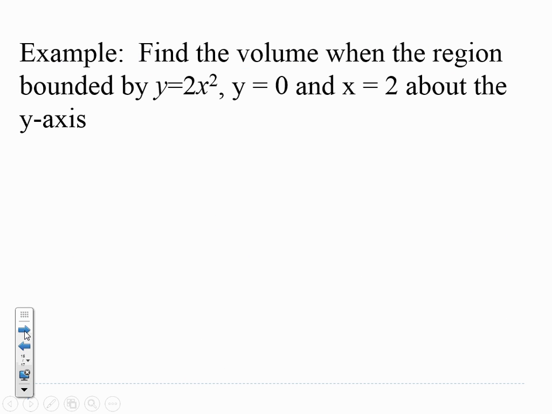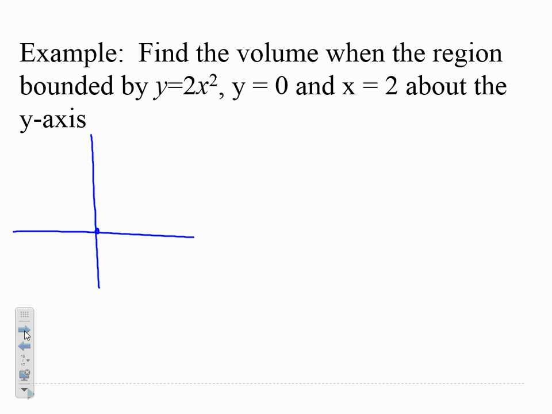Okay, write this example down. Y equals 2x squared. What is that?